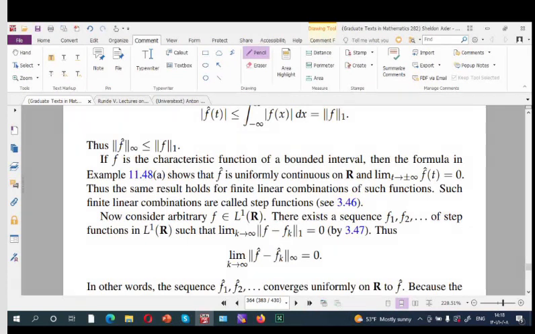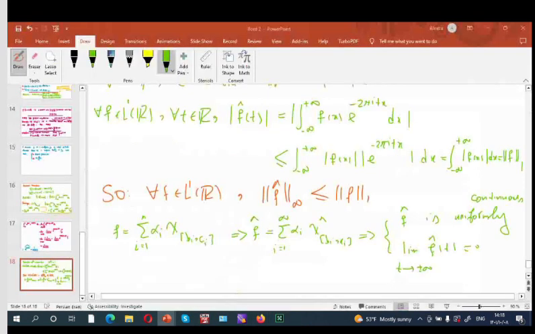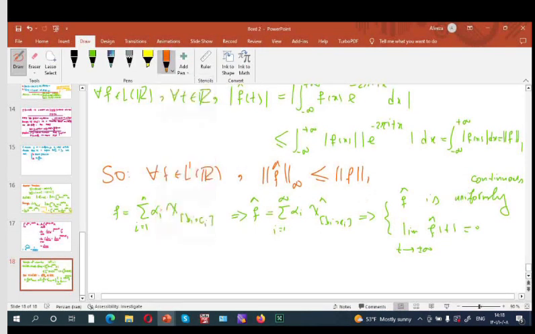So f tilde minus f car tilde, or f car minus f tilde, sup norm, is less than or equal to the L1 norm of these, and this is equal to f car hat minus f.